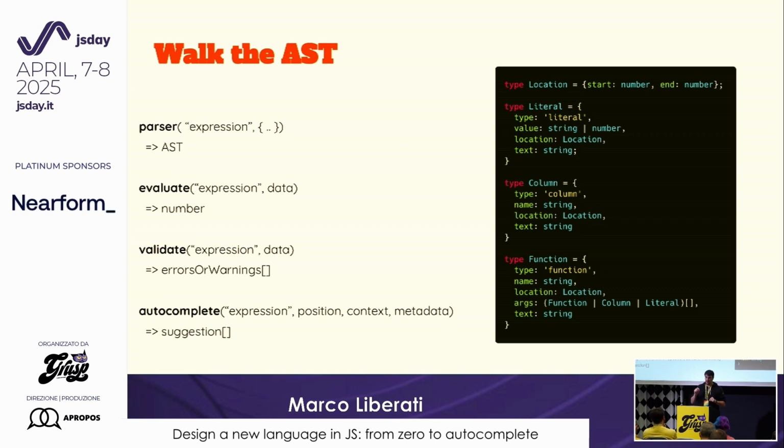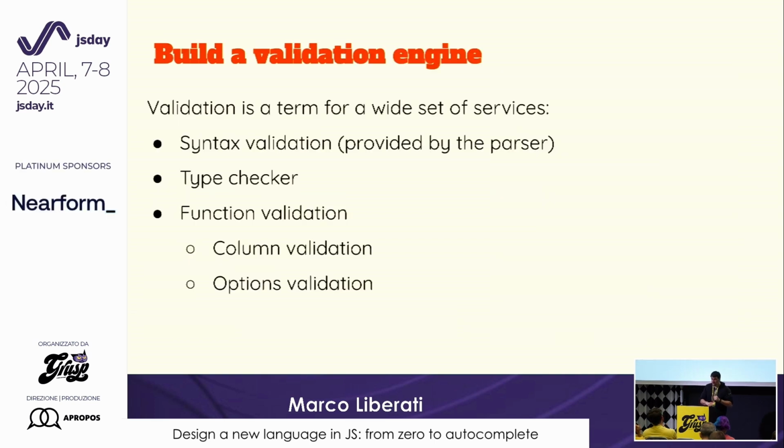That's a set of features that include, if you're talking about data analysis, a CSV, for example, but also things like which functions we want to support and what the types associated with the functions are. So building a validation engine is the first step.